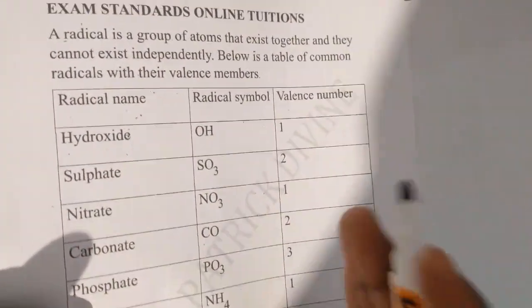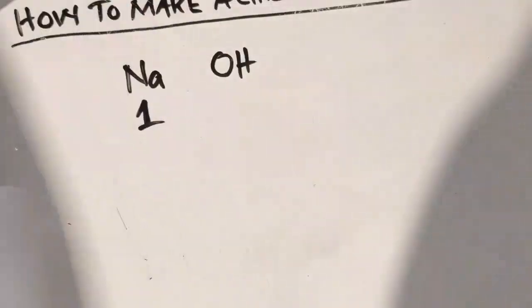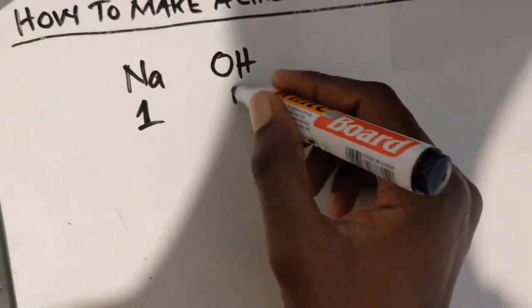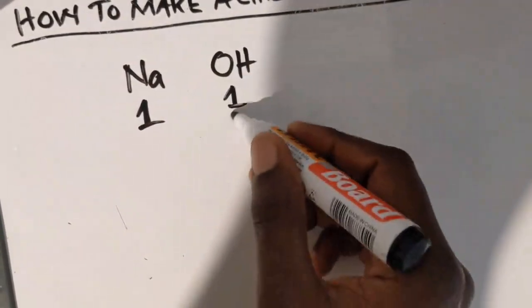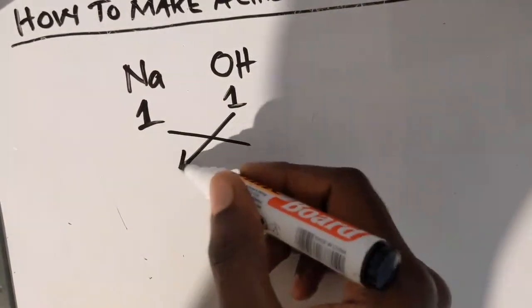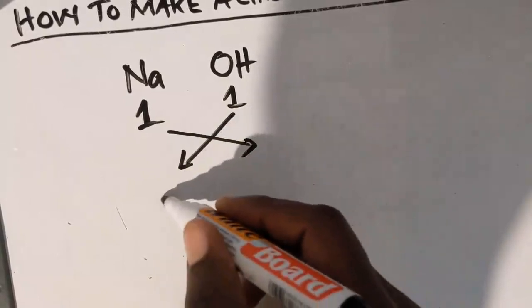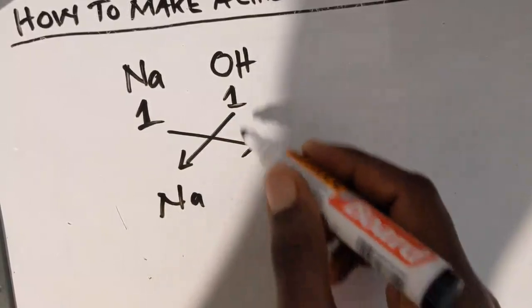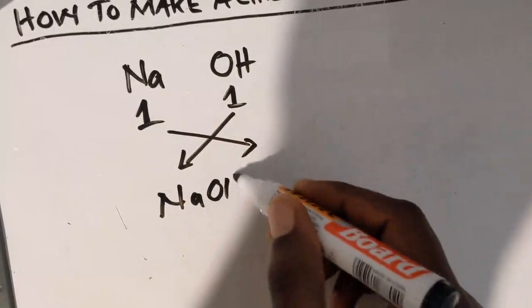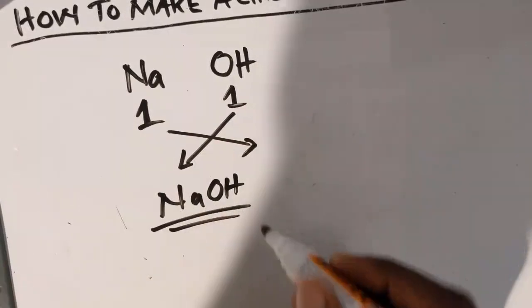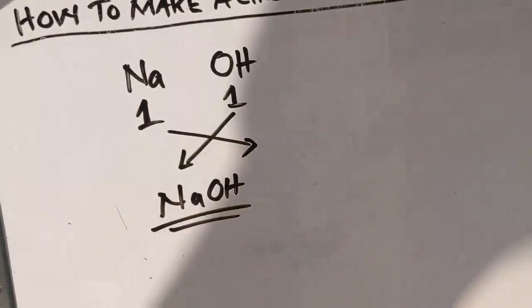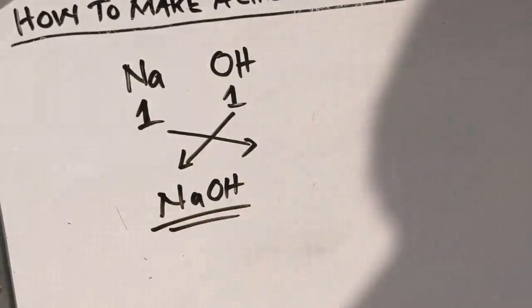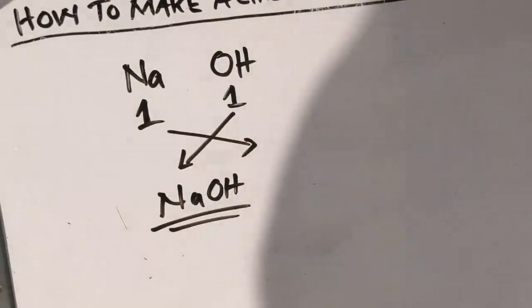You need to know the valence numbers. So when they swap the valences, we are going to have sodium 1 and hydroxide 1. This is sodium hydroxide, which is one of the strong bases. Okay, so you need to know this.